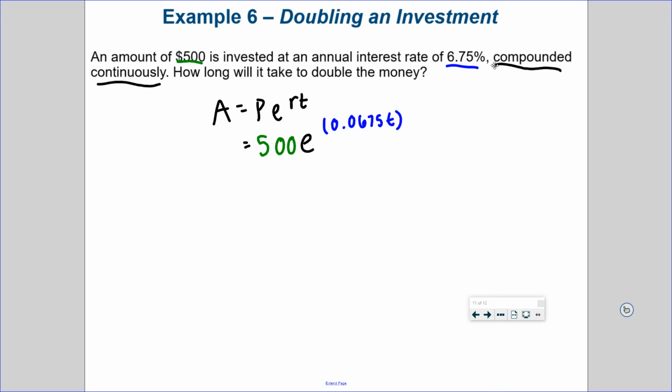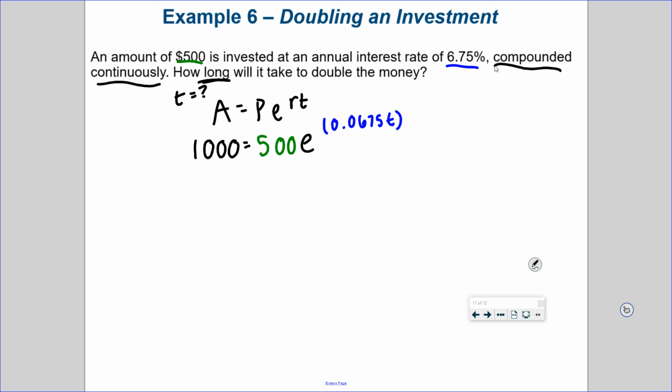We want to figure out how long it will take to double the amount of money. If 500 was the deposit, we want our time when we get double 500, which is 1,000. Good. Another exponential equation with base e.